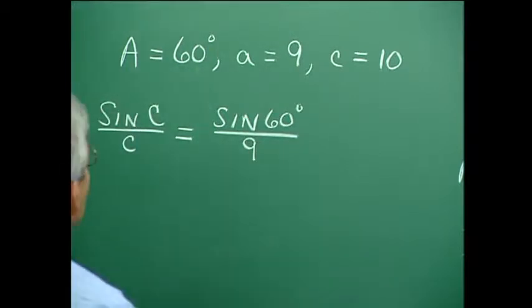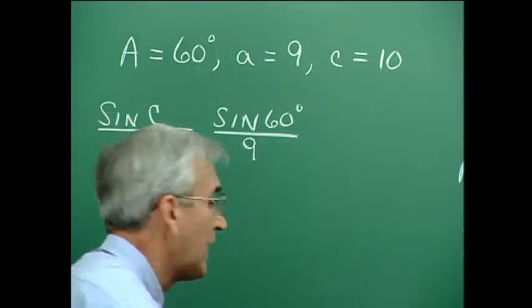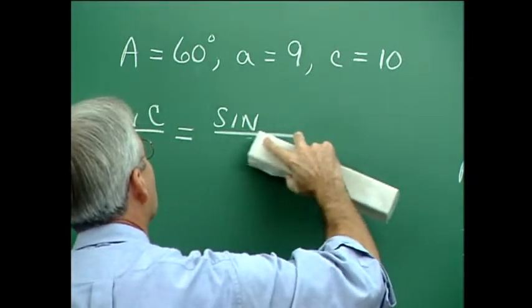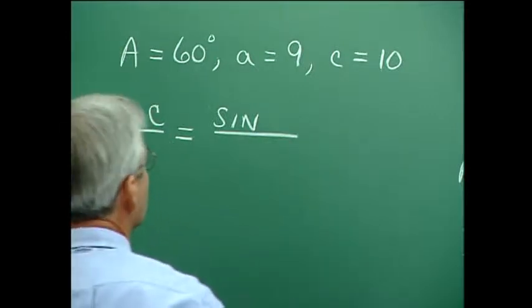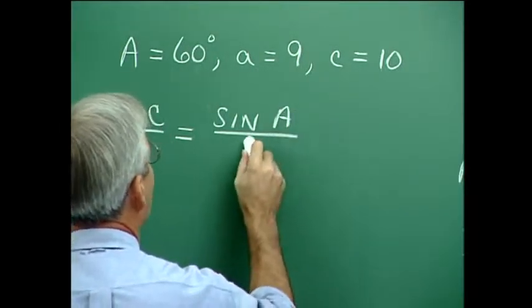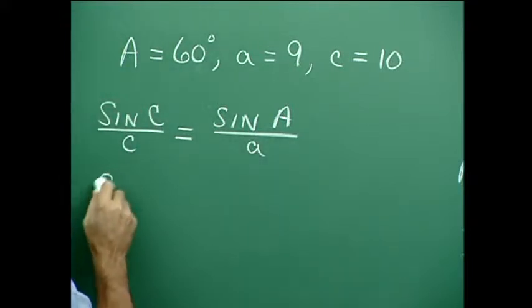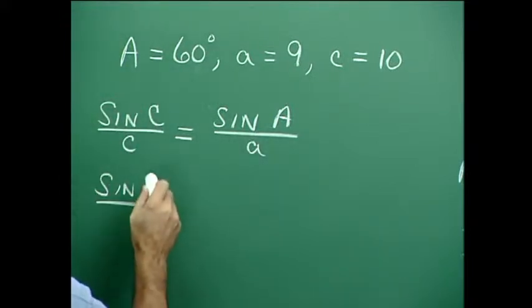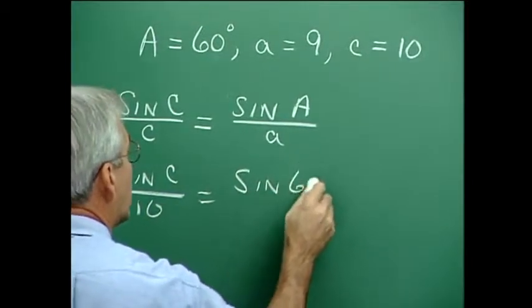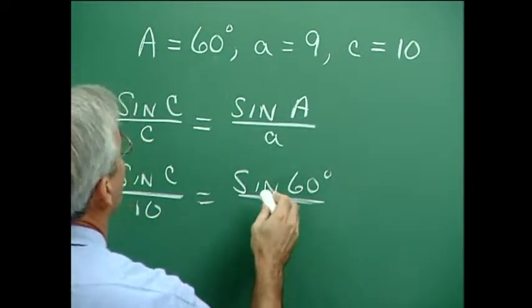And now I've got, well, I'm jumping the gun here. Let me just write the letters in here. I'm so anxious to get into the calculation. Now let me go sine A over A. And now I'll fill in. Sine C over side C, which is 10, equals sine 60 over 9.